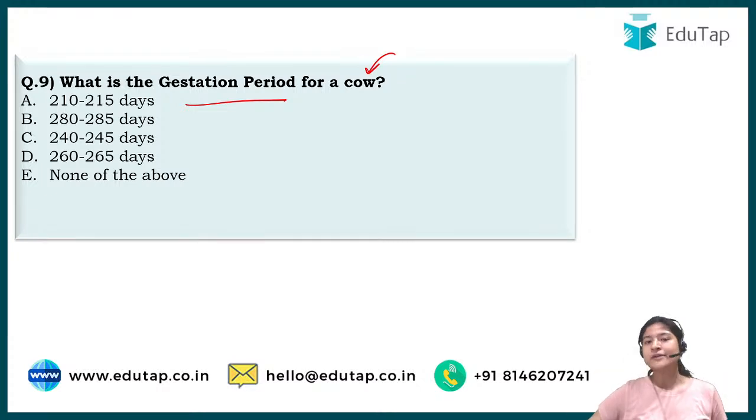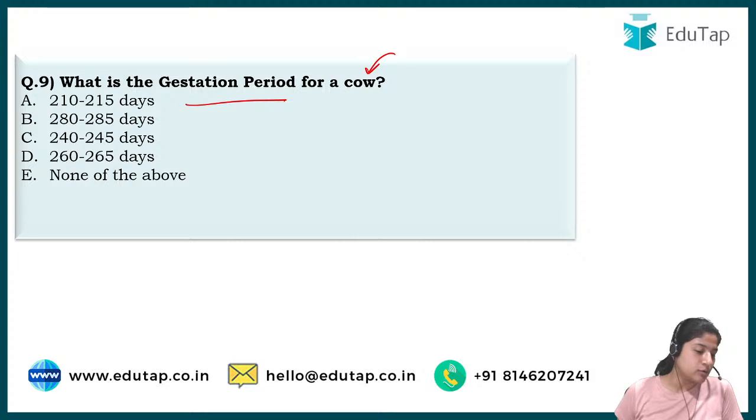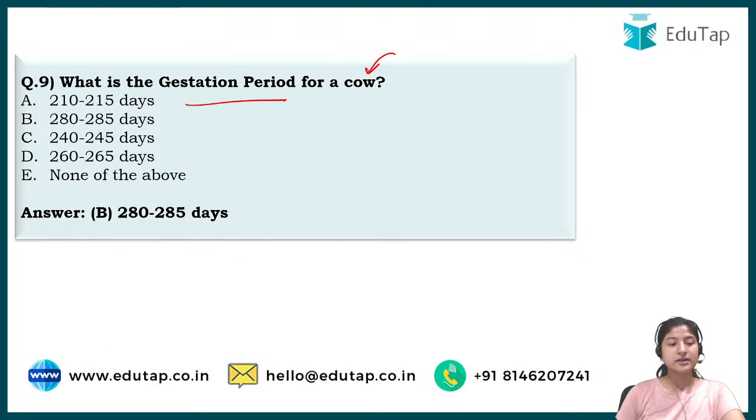In 2020 and 2021 questions were also asked, we'll discuss in the further lectures, but for now you can see that. Okay, the first one to answer here, I guess it's Gaurav who says D, but Akhil says B, and Subhajyoti also says B. The correct answer is B, that is 280 to 285 days, that is the gestation period for a cow.